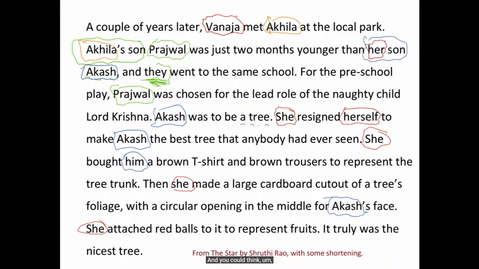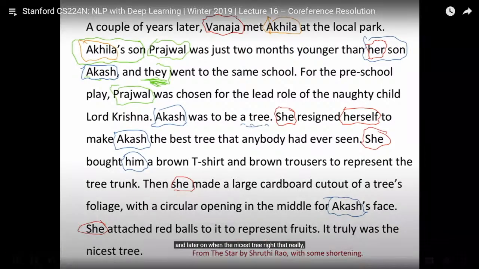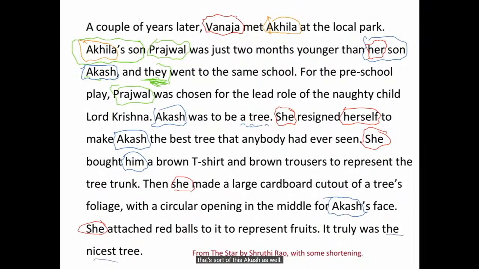And you could think that means you should treat the instances of the tree, and later on "the nicest tree," as Akash as well. That doesn't quite feel right, but this is something that comes up in coreference.